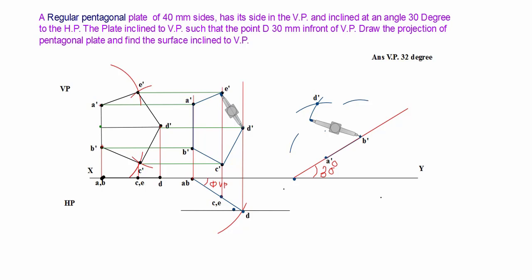Now you can take D dash as your center, and draw the arc on both sides. Here we draw the arc. Similarly, we can draw the arc here on right hand side. So it gives us two more points.